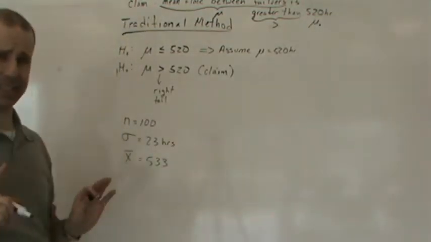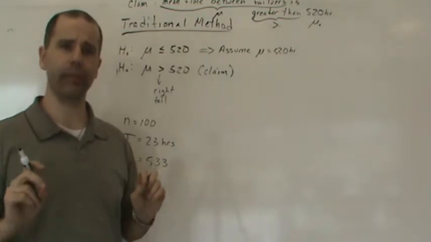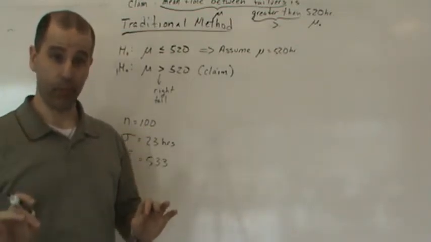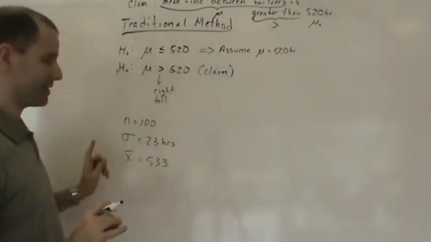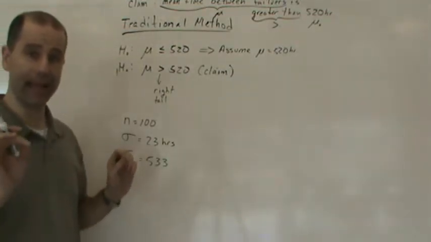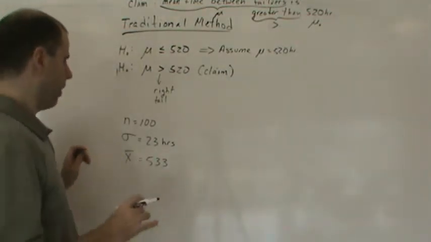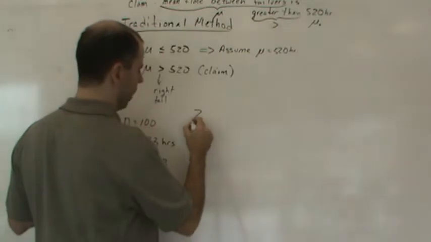Our test statistic for the traditional method is going to be based on the sample. The test statistic in this case is going to be a z-score, and what I'm going to call z star.